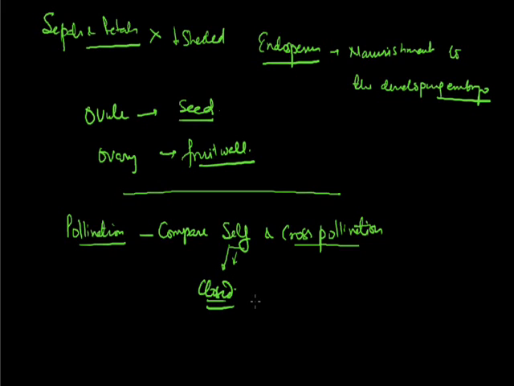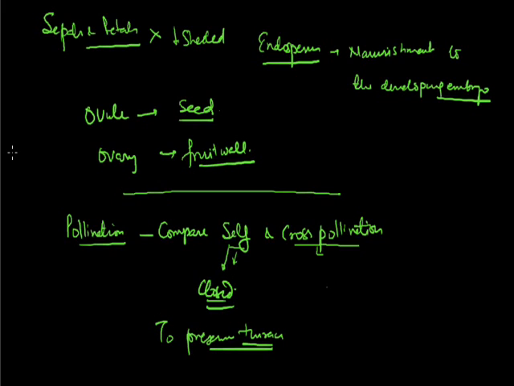It cannot eliminate useless or harmful characters, whereas by cross-pollination, useless or harmful characters can be eliminated. Self-pollination is a method which is highly useful to preserve the race.